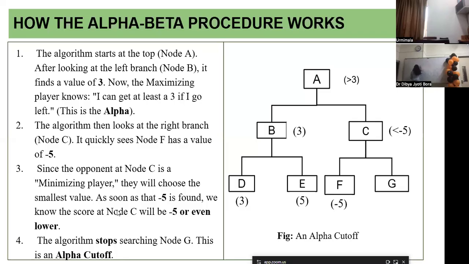So this is alpha, beta, alpha, beta. ये लास्ट टर्म को हम टर्मिनल नोड्स बोलते हैं.